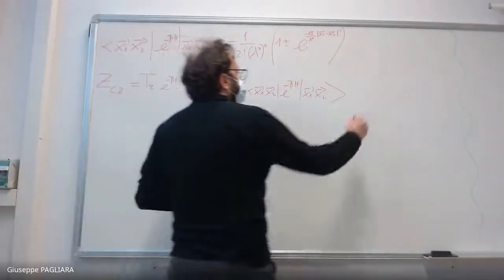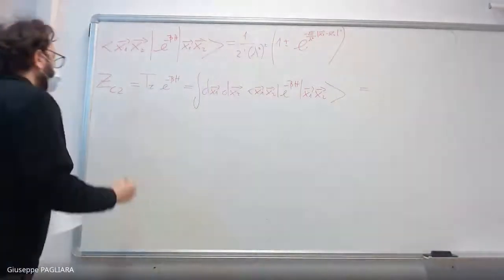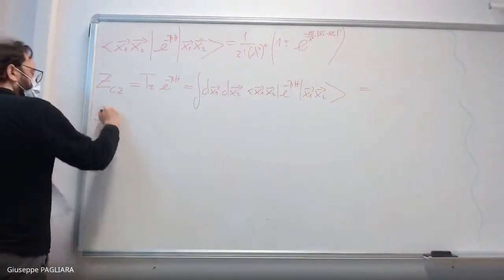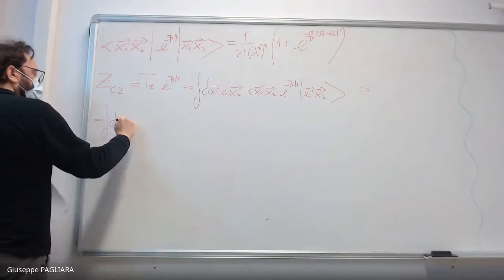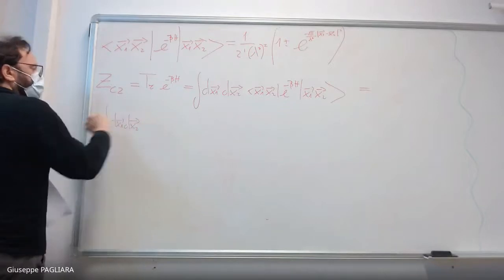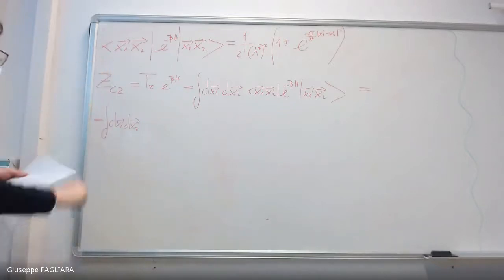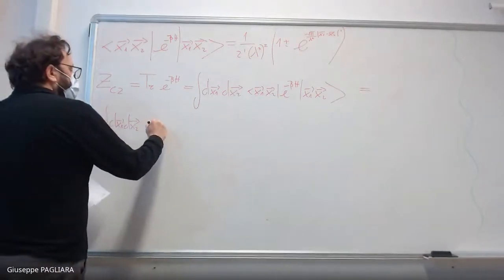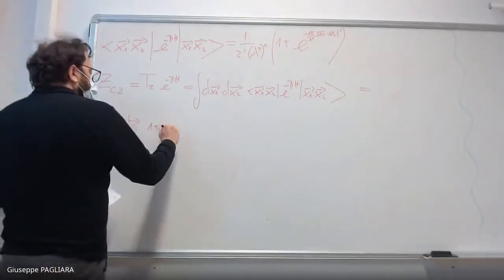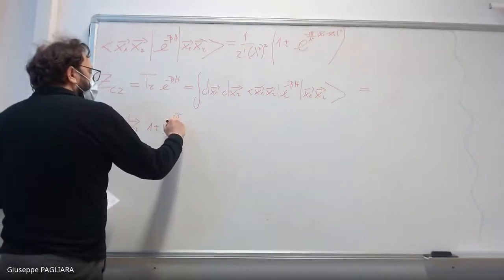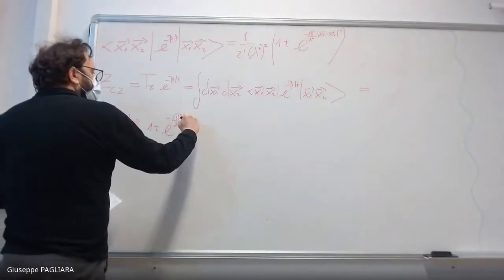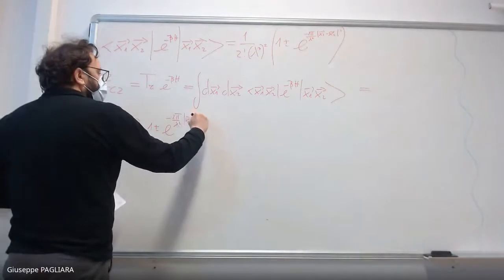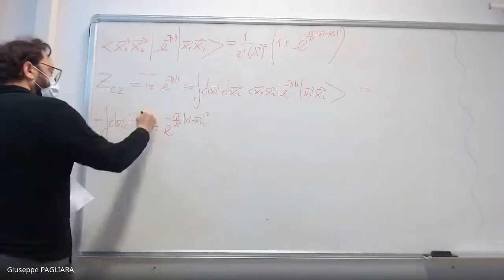Now we can just substitute this, and here you have dx1 dx2, and I can copy the structure that I have there. So I have a 1 plus minus e to the minus 2 pi lambda squared, x1 minus x2 square modulus.